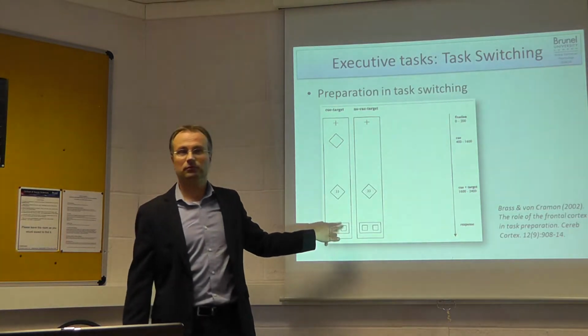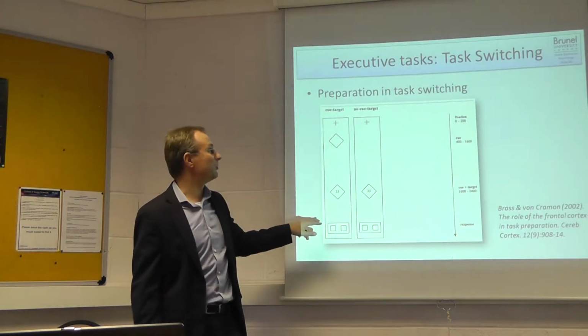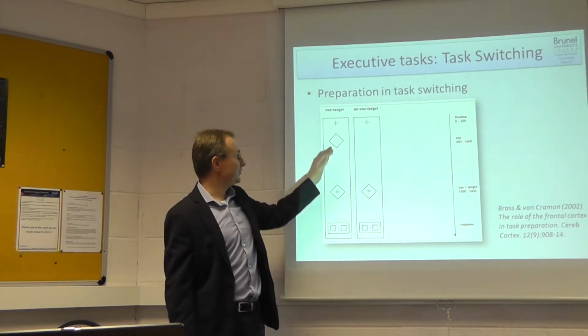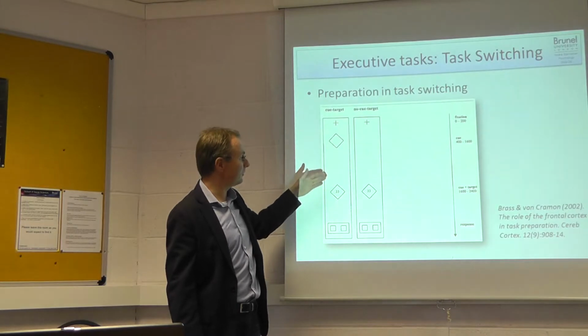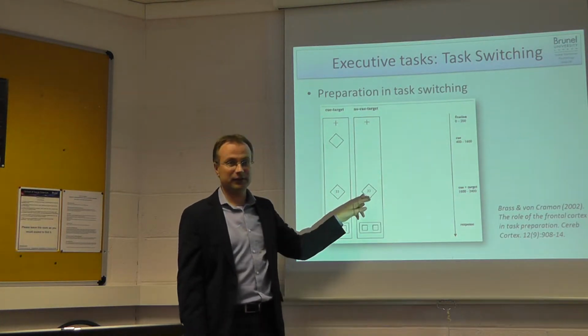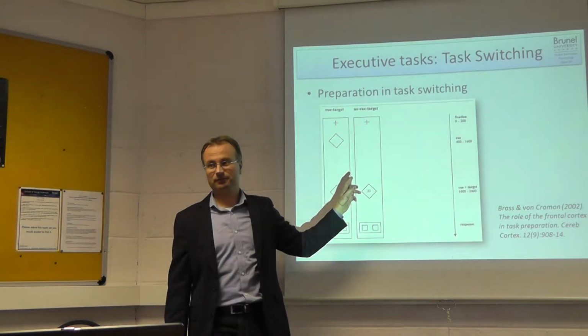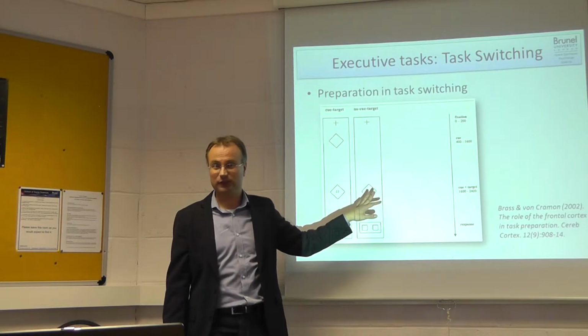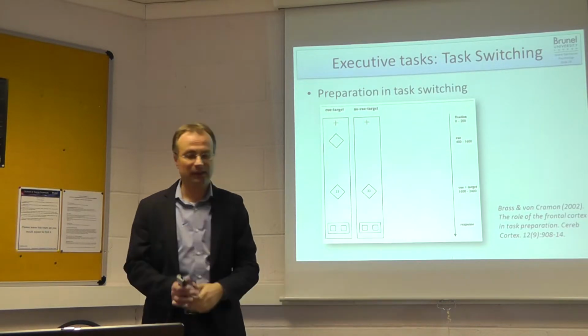And then you have to respond as fast as possible. So here you have preparation, so you can prepare as well as possible, and then the task comes. And here you have trials where there's no preparation. So just with onset of the target, you get the information what task to do. Before that, you don't know.